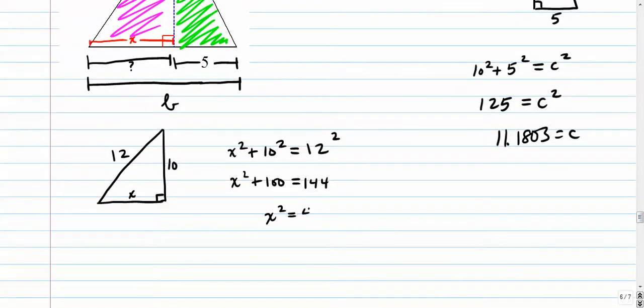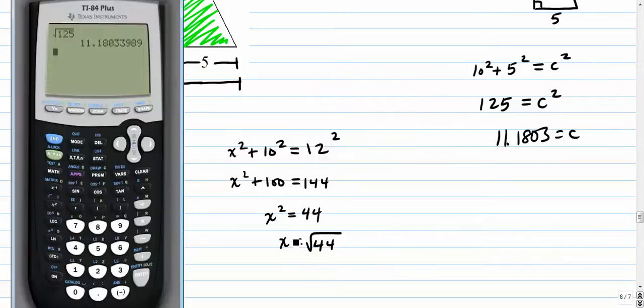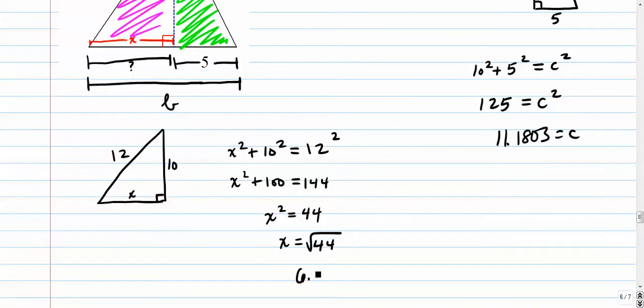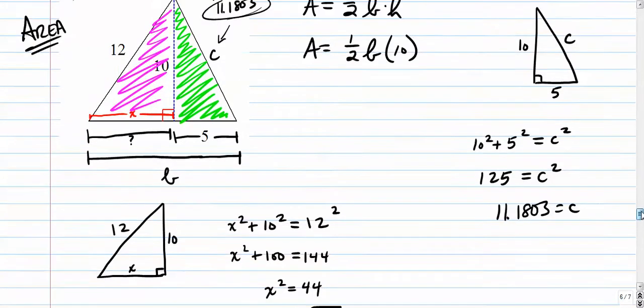X squared equals 44. X equals the square root of 44, which is a decimal, so let's calculate that. That's 6.6332. All right. So that number goes right in here.